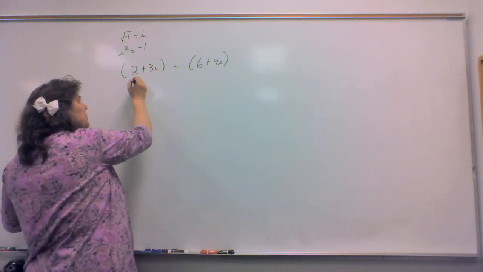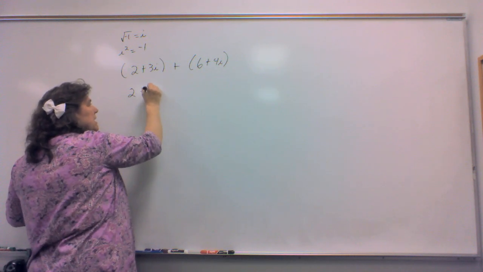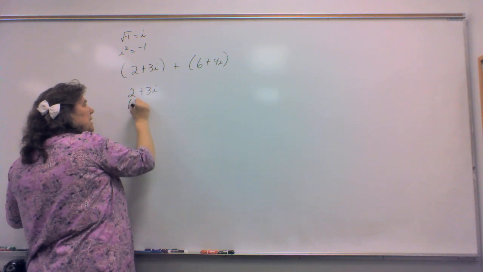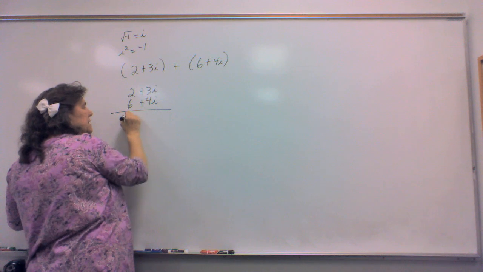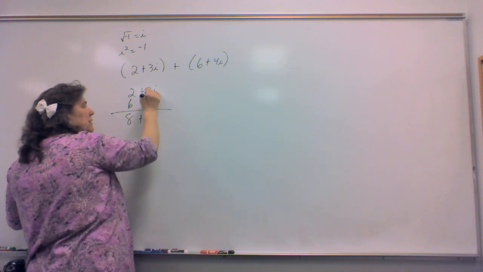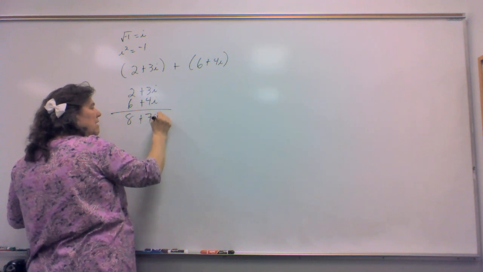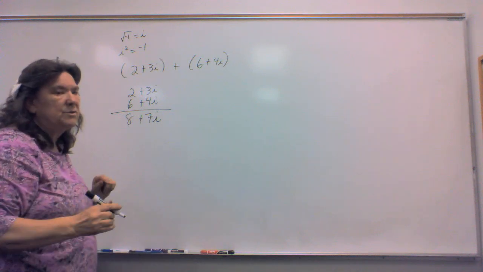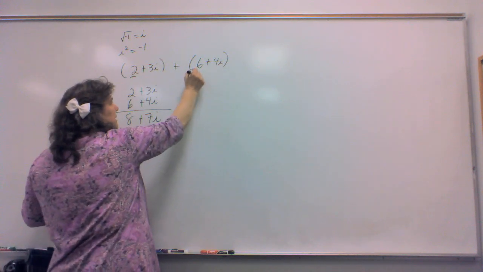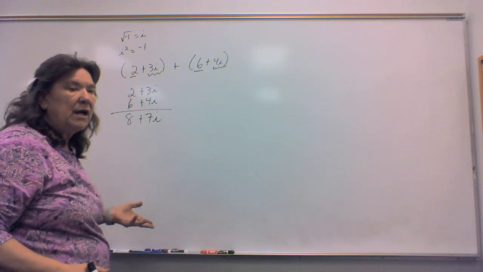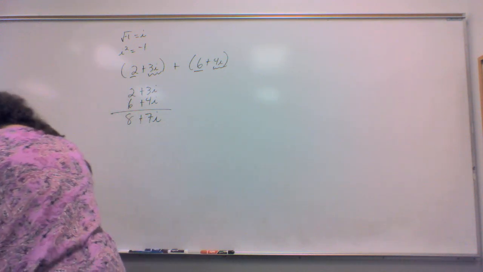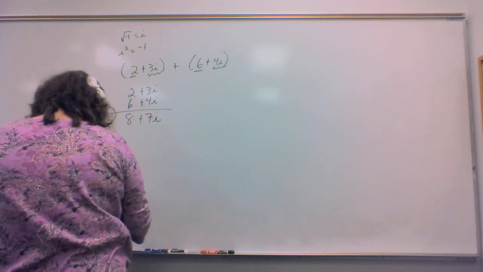So all you have to do, if you like the stacking method, and some do, is just simply line these up. 2 plus 6 is 8. 3 plus 4 is 7i. That's all there is to it, is combining your like terms, just like we did in other like terms. Okay? Let's look at another one.